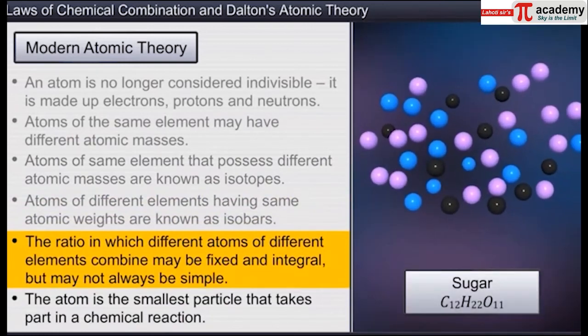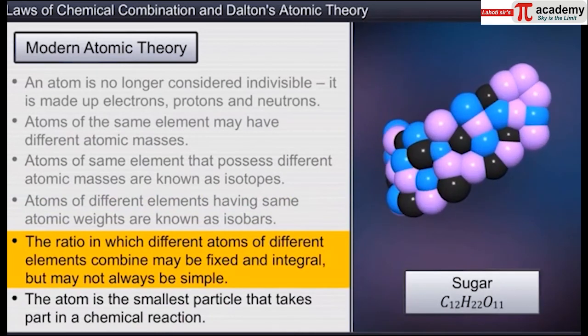The ratio in which different atoms of different elements combine may be fixed and integral, but may not always be simple. For example, the elements C, H and O combine to form sugar. The ratio of the elements 12:22:11 is fixed and integral, but it's not a simple ratio.